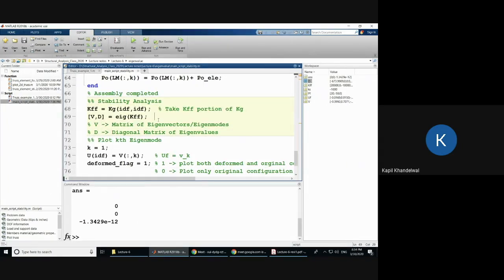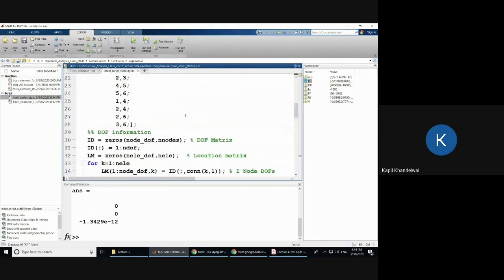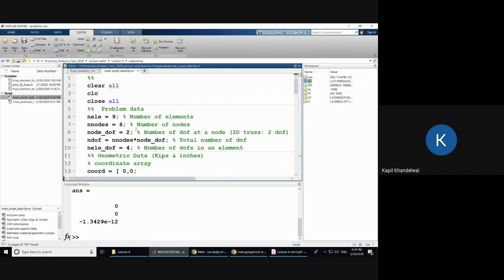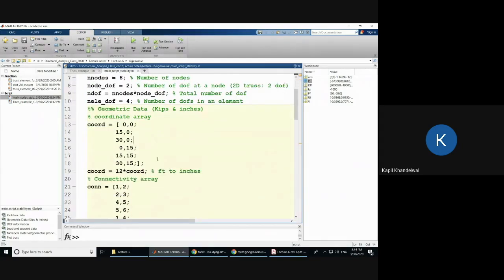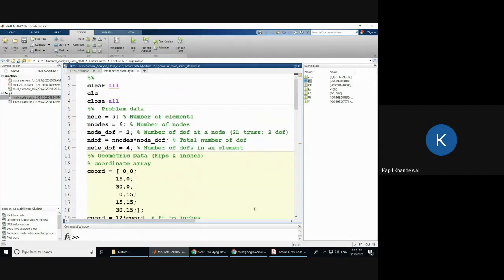It will be available on Sakai for you to go through and understand how the script is working. This is pretty straightforward, but I again want to go through it. This is based on our last lecture, so most of the script is similar to what we have discussed in the last lecture. There are only a few changes, and the changes are related to stability.